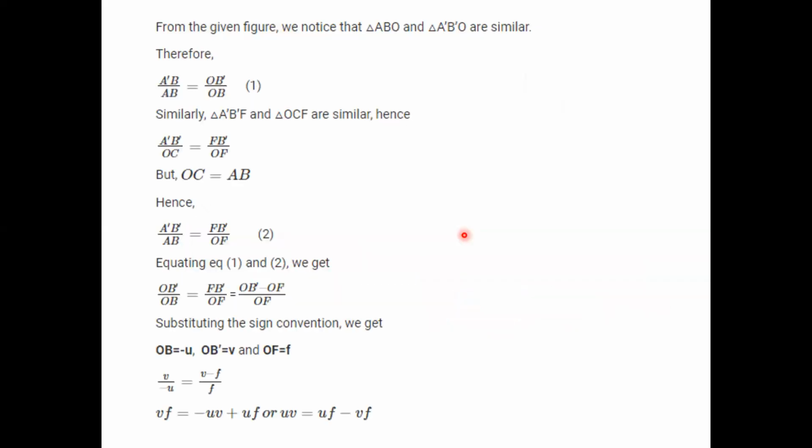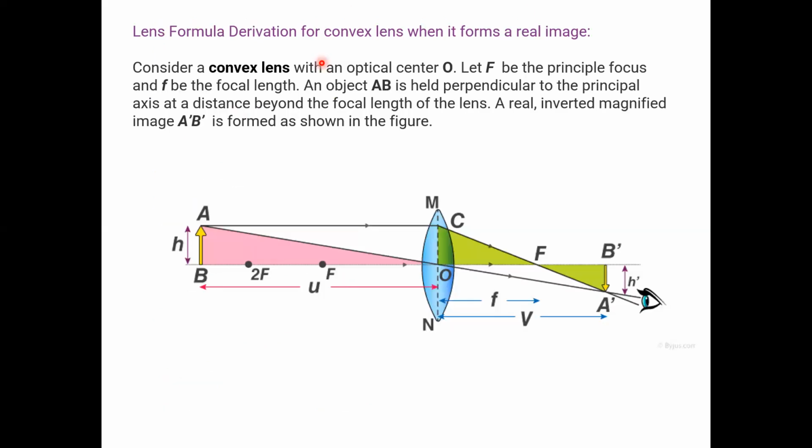Now start. You can see from these two triangles ABO and A dash B dash O, in these two triangles the angle at O is a vertically opposite angle and equal. Again, angle ABO and A dash B dash O is 90 degrees. So these two triangles are similar triangles. Is it not? Triangle ABO and triangle A dash B dash O are similar.